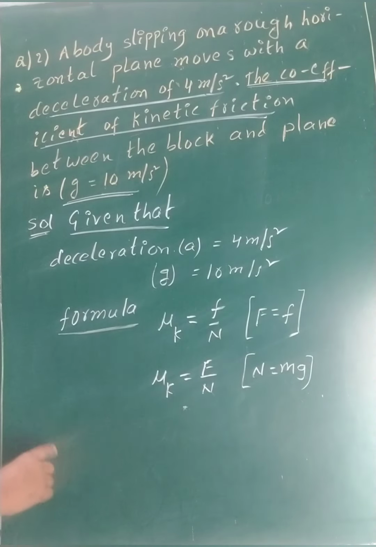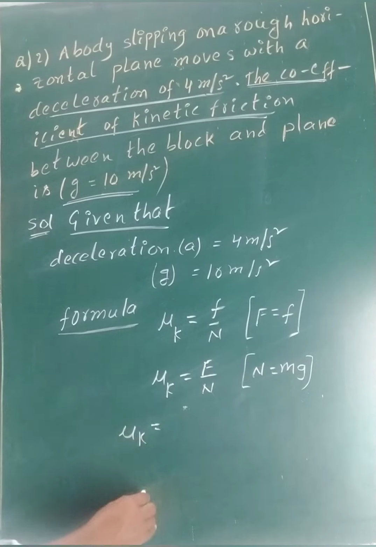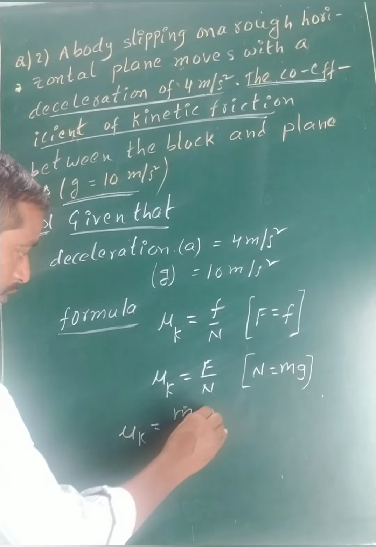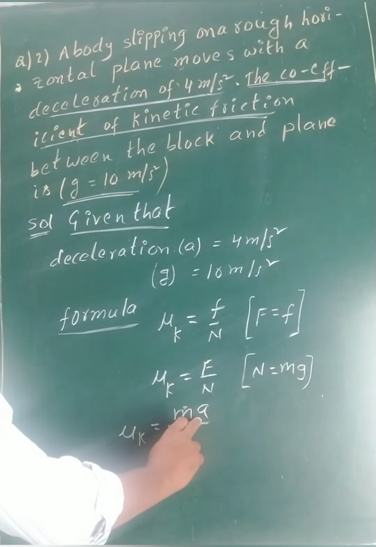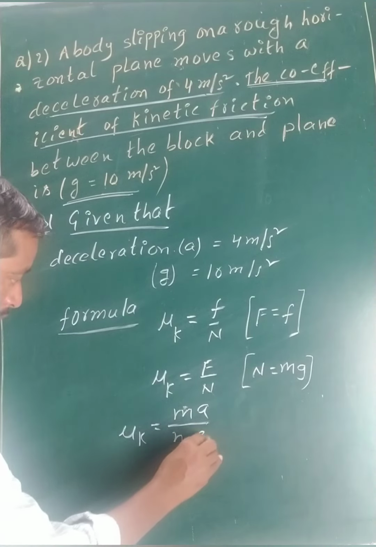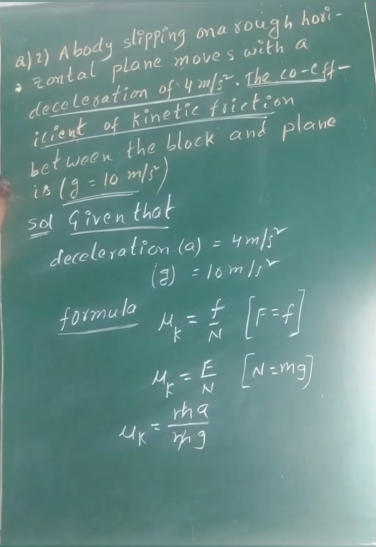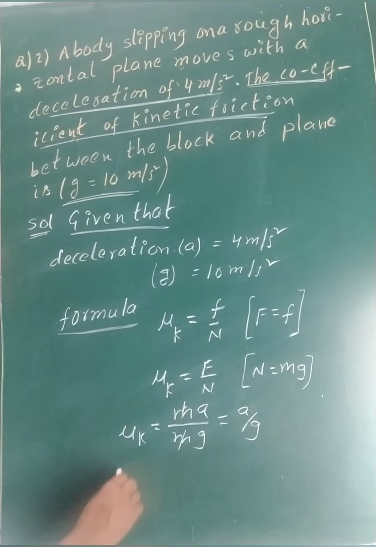By substituting these two terms, mu k is equivalent to: for F we can write mass and acceleration, and for normal, mg. The m gets cancelled, so A by g.